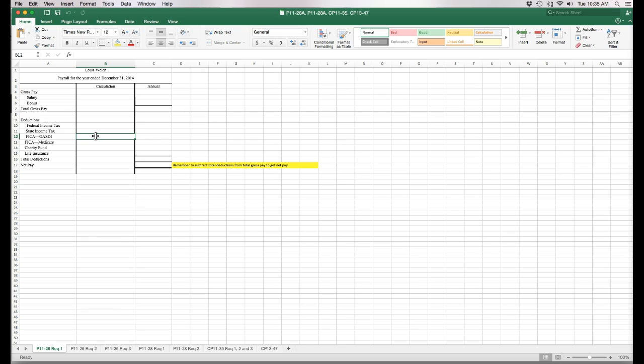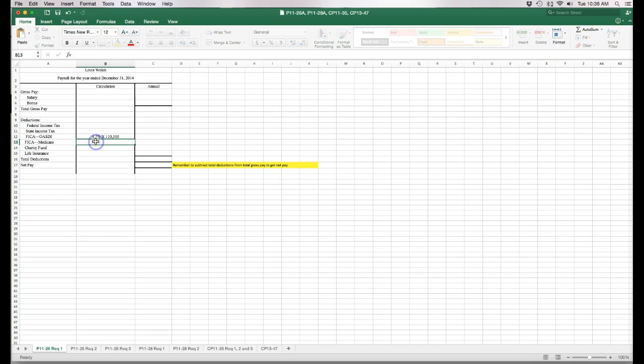But the important thing to remember here is that it's 4.2% on the first $110,100. So you're multiplying 4.2% times $110,100. There's a max. So regardless of how much they earn, FICA only takes it up to the first $110,100. So you only want to calculate it on that amount.